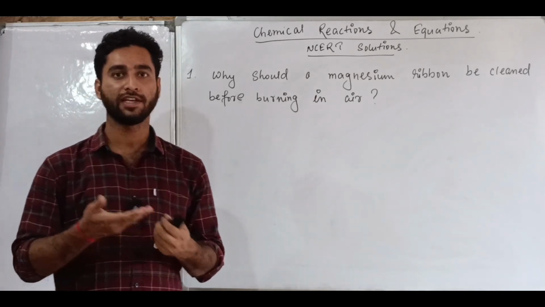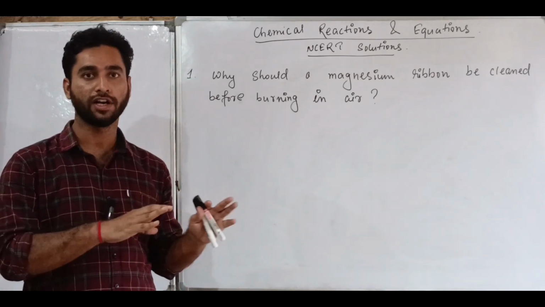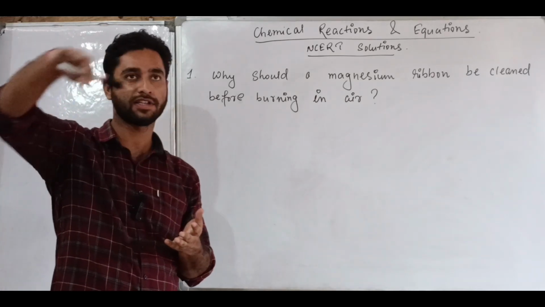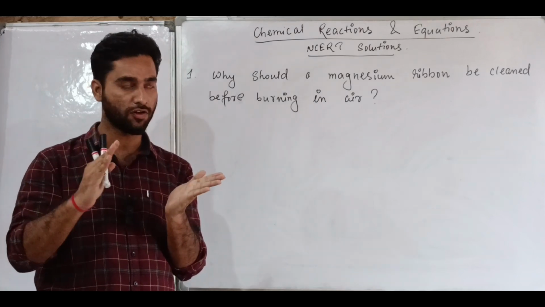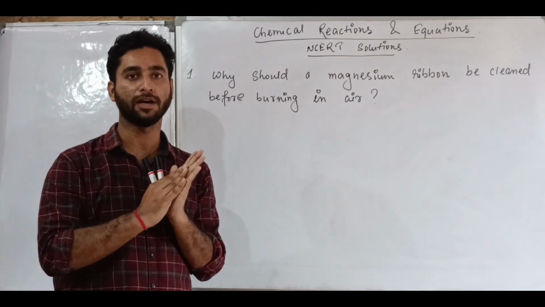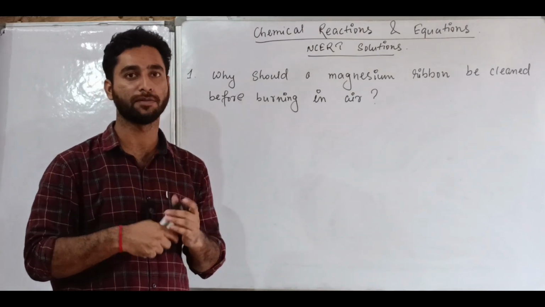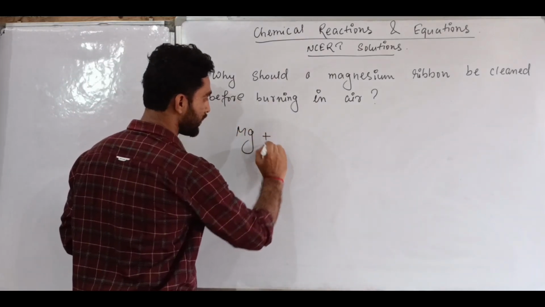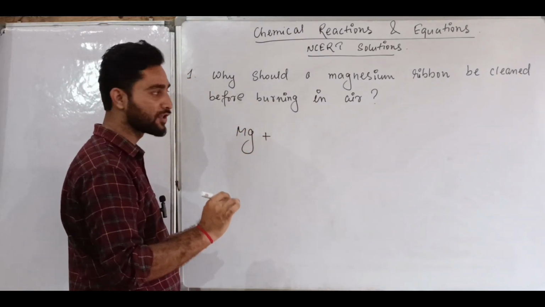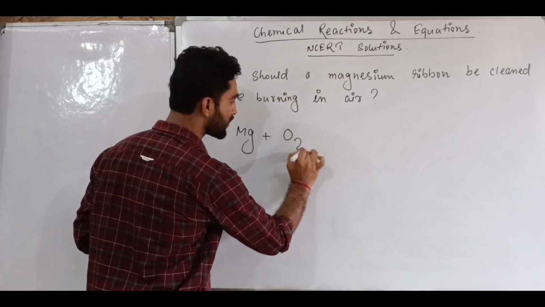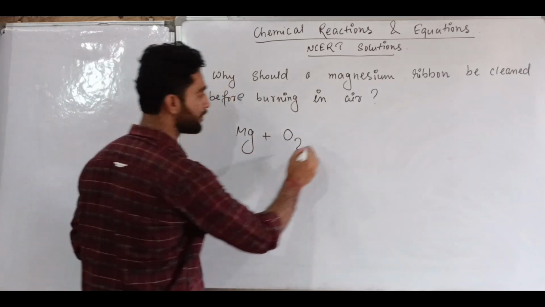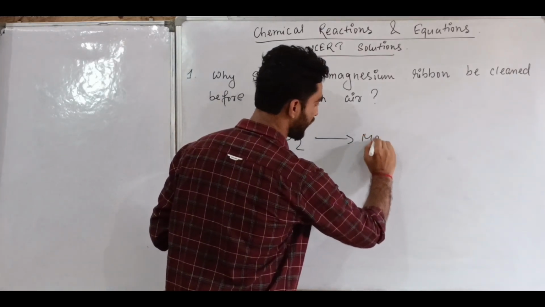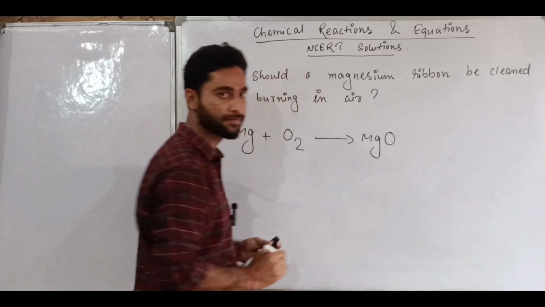Now when we keep the magnesium for a long period of time, we know in our surrounding oxygen is present. So this oxygen reacts with the magnesium and forms a layer of magnesium oxide. So generally in our atmosphere oxygen is present. This oxygen reacts with the magnesium and they form magnesium oxide.